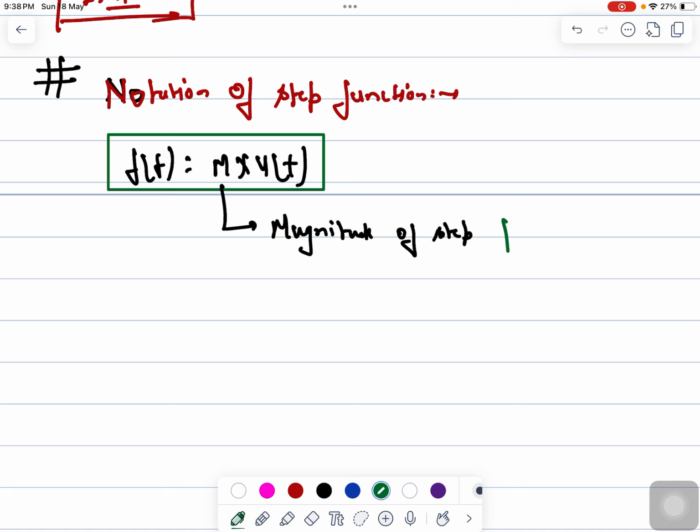That's why in subsequent lectures I will be writing it as an input, right? This is how these things look.